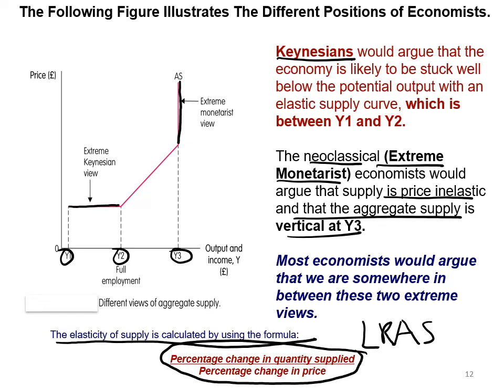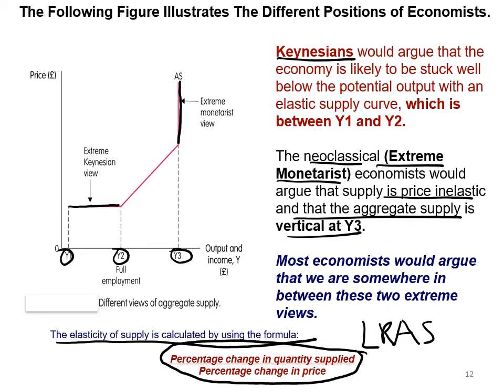So we're going to be stuck with an elastic aggregate supply curve. This is the position of Keynesian economists, after the work of John Maynard Keynes. Remember him? They argue that the vertical supply curve might only occur in the very, very long run. But according to Keynes, in the long run, we are all dead. We can't wait for this.